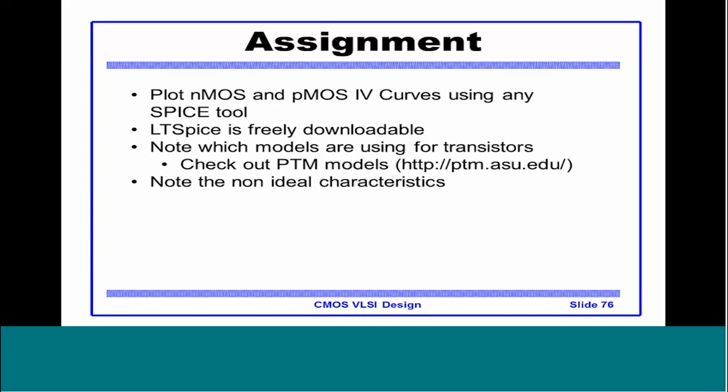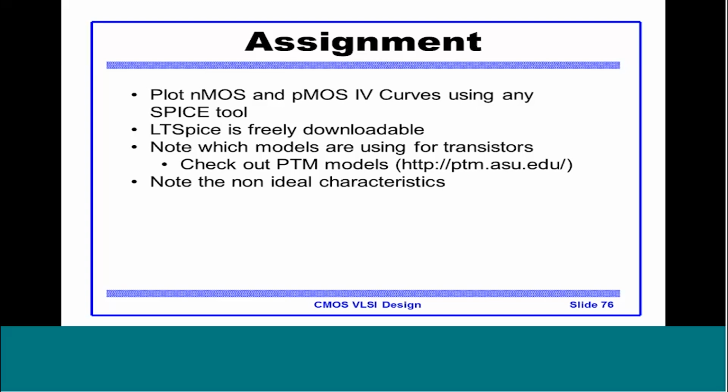You have to be very careful about the VDD. If you are using an older technology, the VDD can go as big as 10 volts. But when we are using PTM models, please be careful that the VDD values should not exceed 1 volt. When you plot these curves, you should also note the non-ideal characteristics we discussed, that is the leakage current in the cutoff region, and the increasing IDS with increasing VDS, and so on.